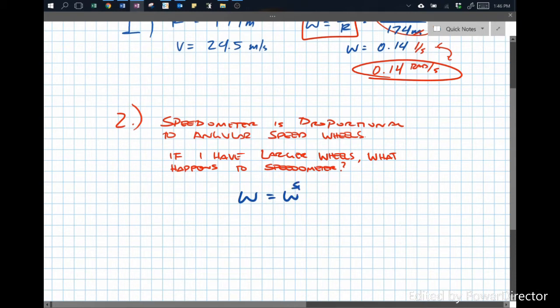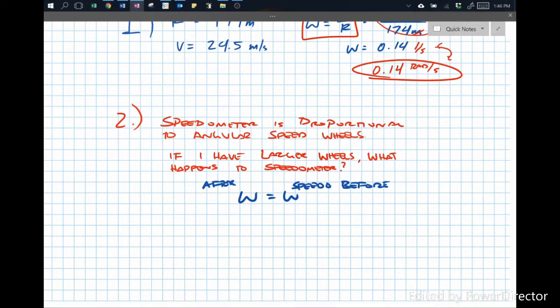So this is the speedo before, and this is after. Is everybody okay with that? Because it's still going to have the same angular speed that it reads, but if you're in your car and it says 70, we want to know what it looks like.